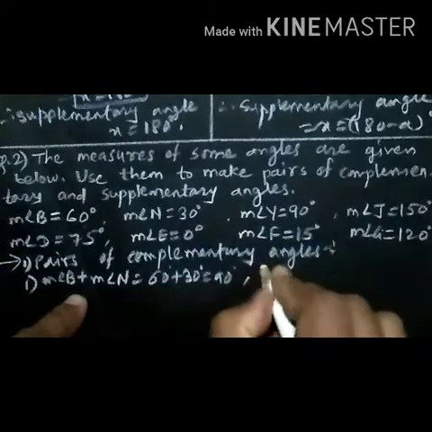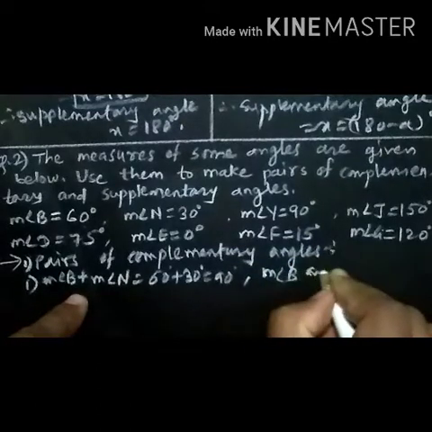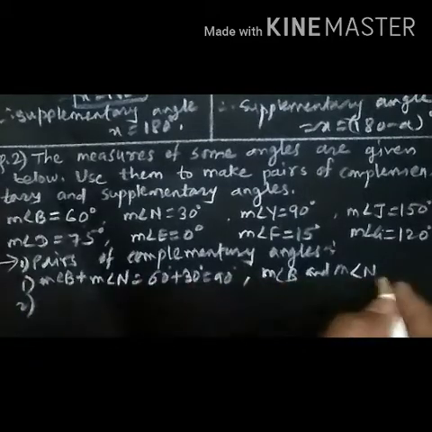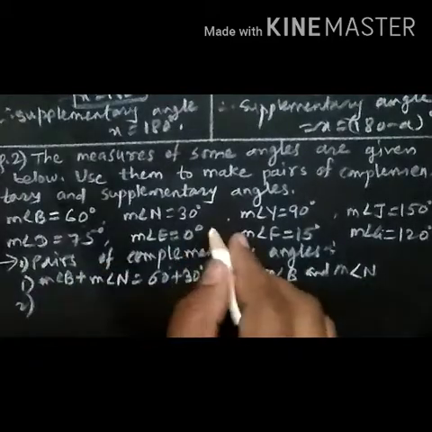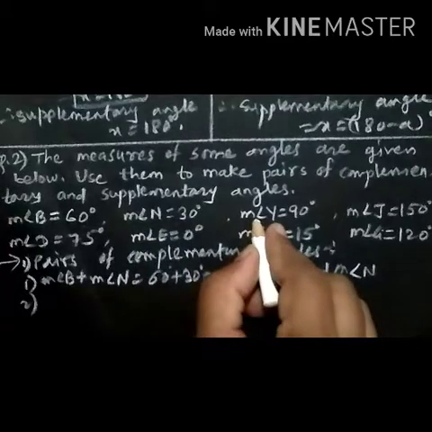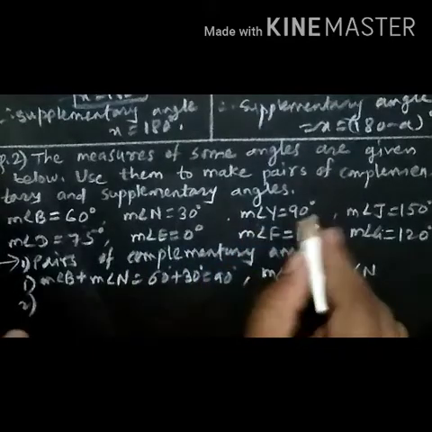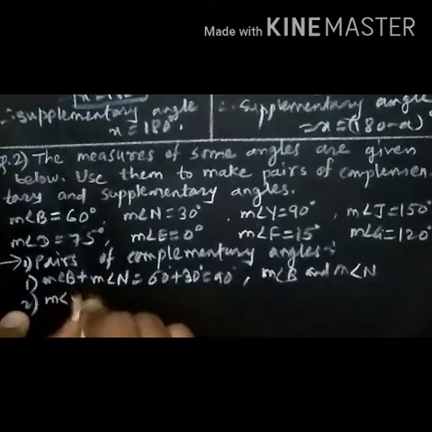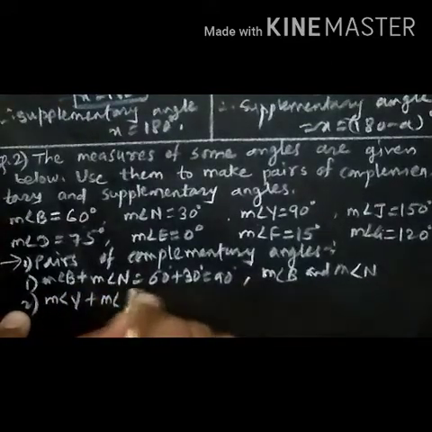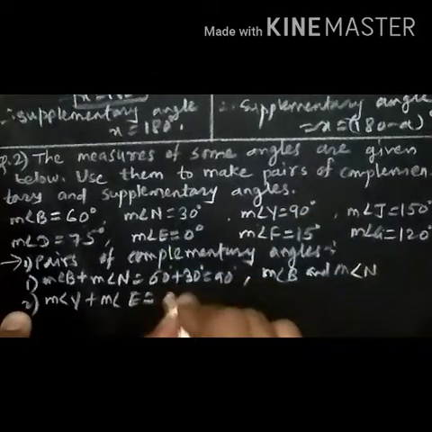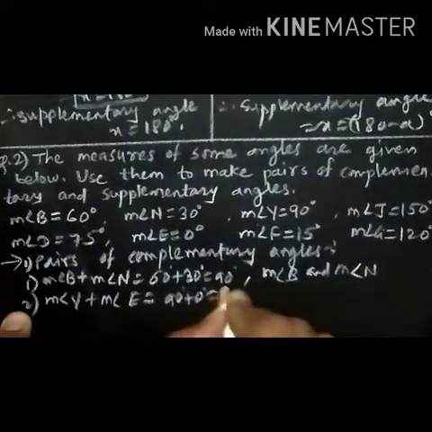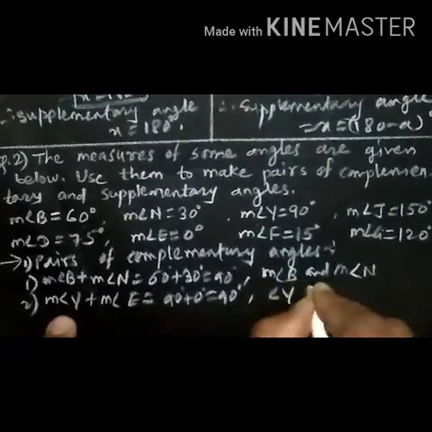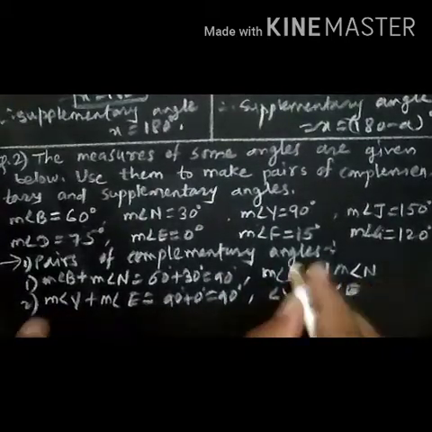So first pair we got measure of angle B and measure of angle N, or angles B and N. Now second pair, E and Y, the addition of these two angles is 90 degree. So measure of angle Y plus measure of angle E, that is 90 plus 0, that is 90 degree. So here we got another pair, angle Y and angle E.